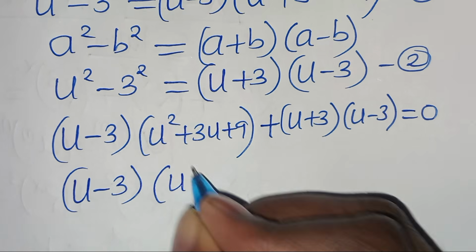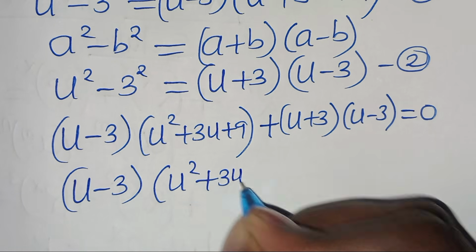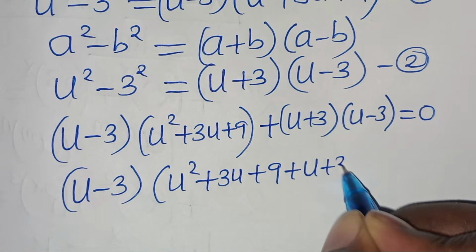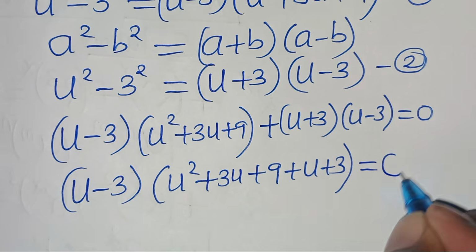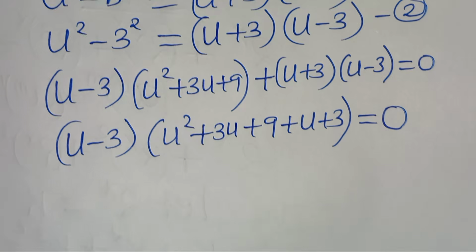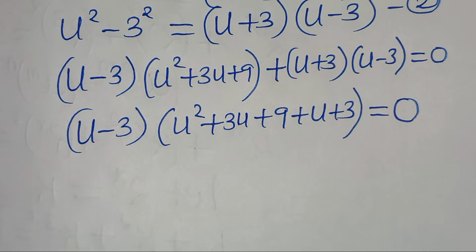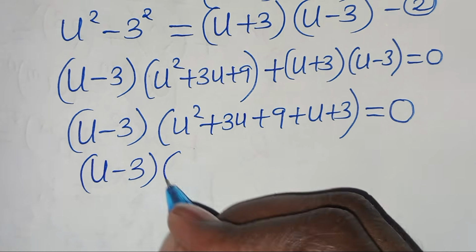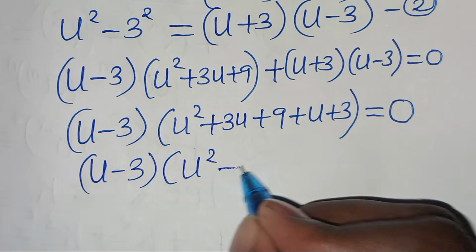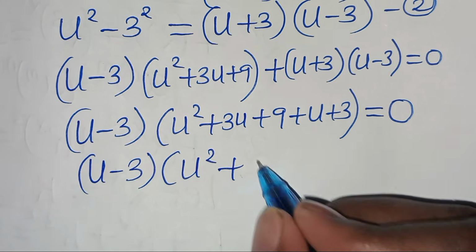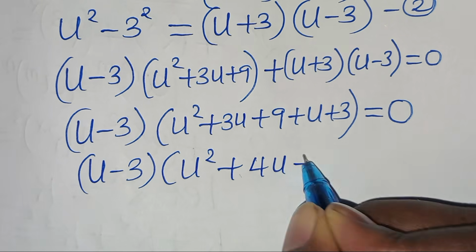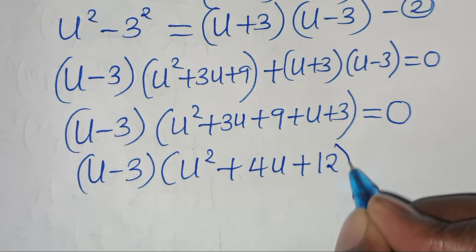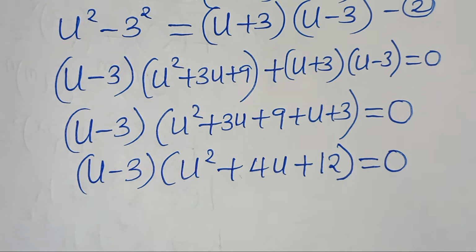This is u squared plus 3u plus 9, then plus u plus 3, close the parentheses, this is equal to 0. Now we have u minus 3 times, this is u squared, then plus 3u plus u, this is 4u, then plus 9 plus 3, this is equal to 12, close the parentheses, this is equal to 0.